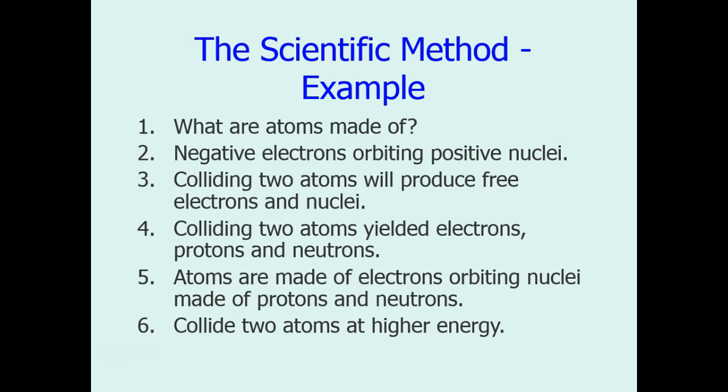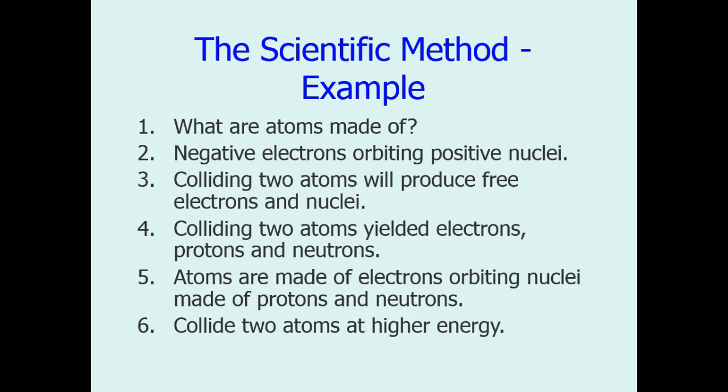What they did, they started colliding atoms, and they produced free electrons. That's how they tested and found out, yeah, that's what they are. We didn't know that. Atoms really are divisible. You can break off some electrons sometimes. Colliding two atoms yielded electrons, protons, and neutrons. Now, what's the difference?